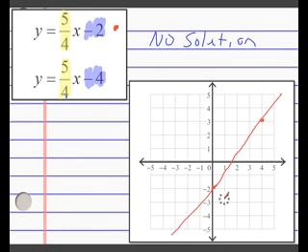Alright. And for our second equation, we're going to use green. So it goes to negative 4. And the slope is 5, so 1, 2, 3, 4, 5 over 4: 1, 2, 3, 4.